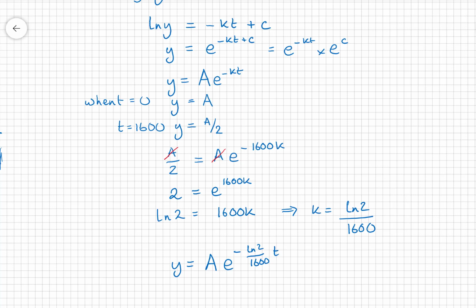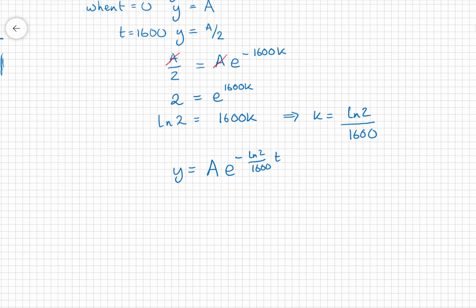And so we've done the first three steps by forming the differential equation, finding the general solution, thirdly the particular solution, and now finally we're going to use the particular solution as we put in the given value of t is equal to 200 years.